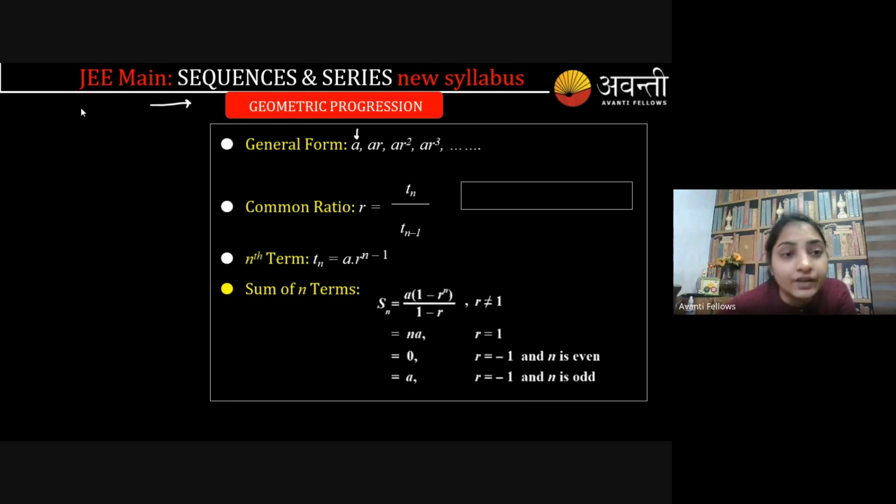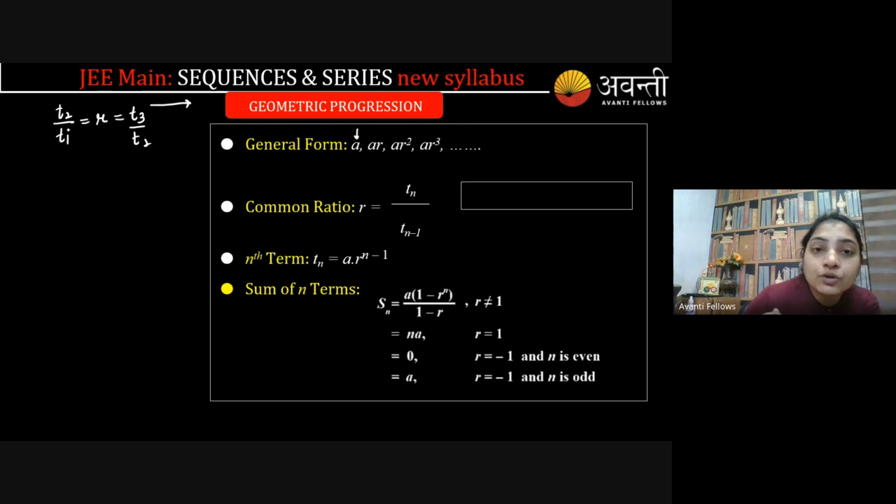So if the ratio of consecutive terms, second term divided by first term, is r, that must equal T3 by T2. When all the ratios of two consecutive terms remain the same constant, the terms are called in geometric progression.